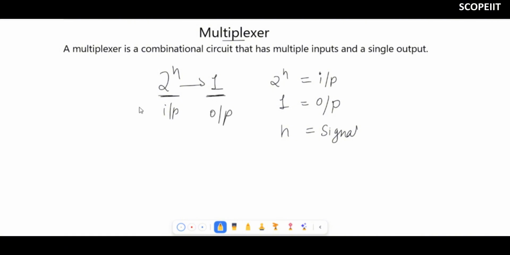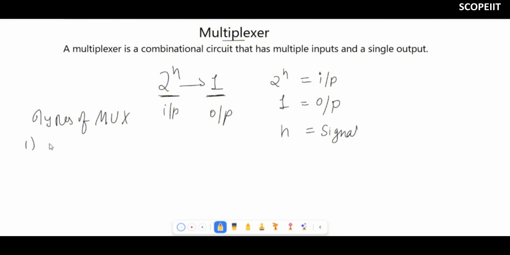Now, there are many types of multiplexers, and a multiplexer is also known as a mux.